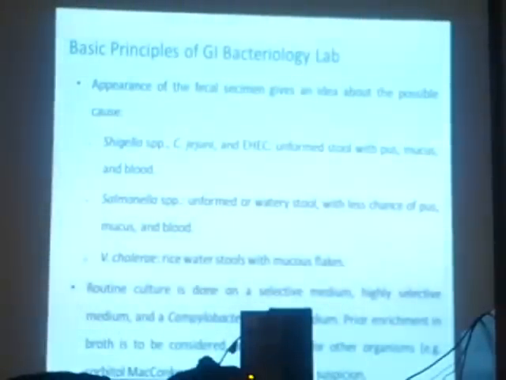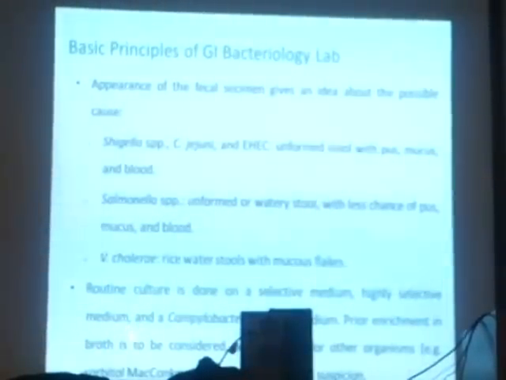Routine culture is done on a selective medium such as MacConkey or EMB, a highly selective medium such as SS agar, HE agar, or XLD agar, and a medium for Campylobacter. So 3 plates. Prior enrichment in broth, selenite broth or GN broth, is to be considered, especially if we suspect Salmonella.